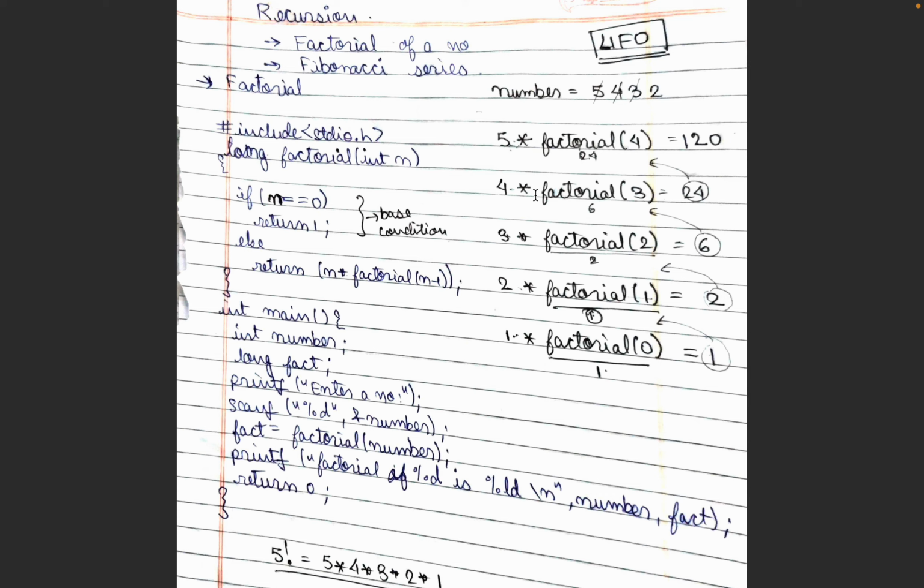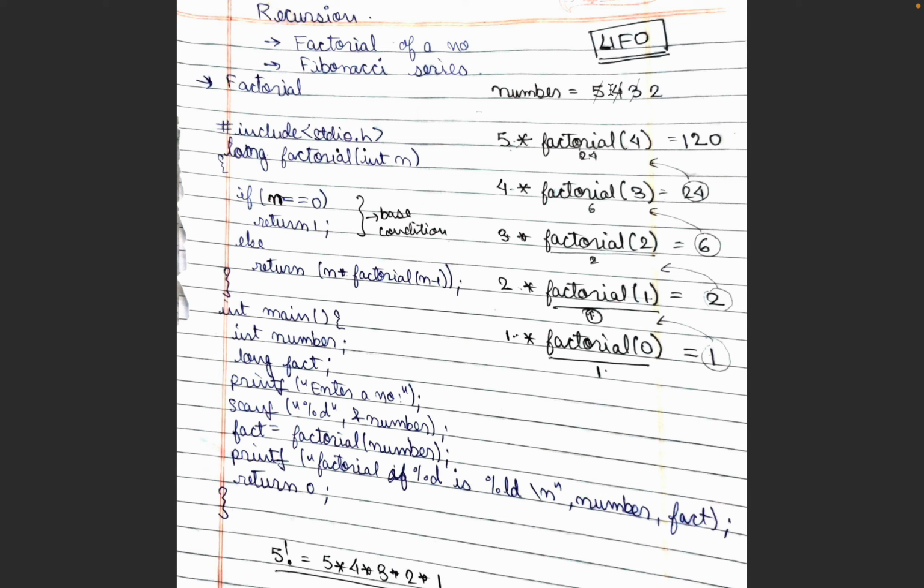One thing that you should know before using recursion is that recursion uses a stack. Stack is last in first out, LIFO, which I have written over here. This I'll explain once I go into the dry run part.